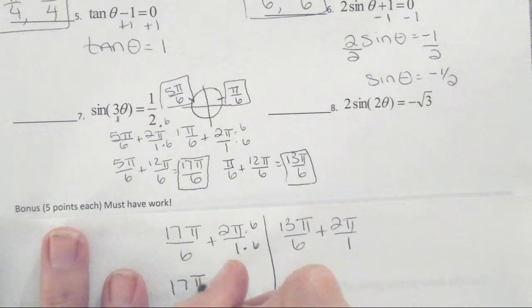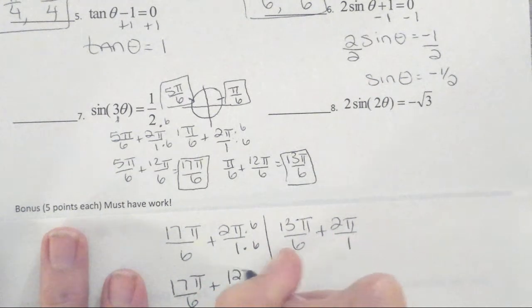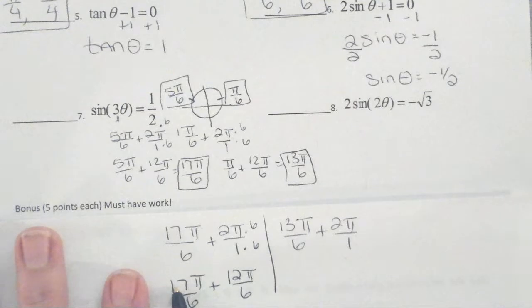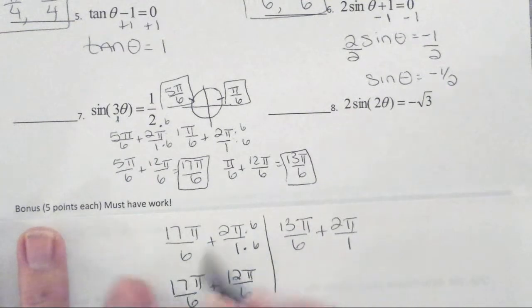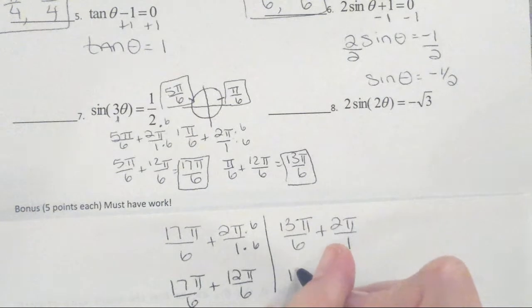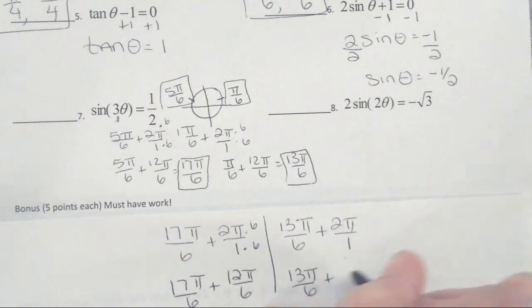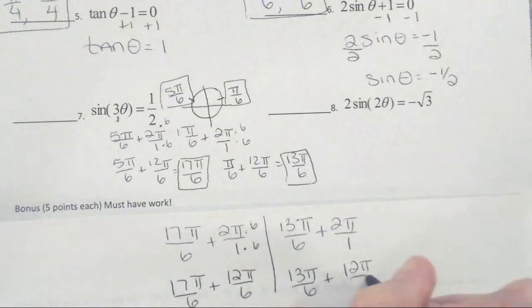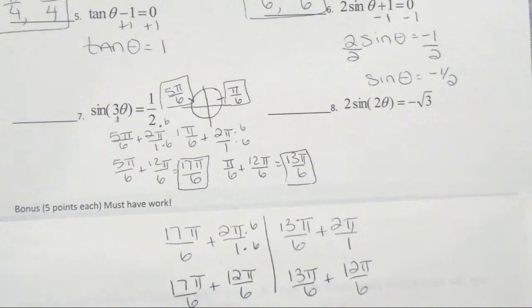So 17 pi over 6 plus 12 pi over 6. 17 plus 12 is going to give me 29 pi over 6. And then I'm going to do the same thing to the next one. I'm going to have 13 pi over 6. Remember, this is changing to 12 pi over 6. 13 plus 12 is going to give me 25 pi over 6.